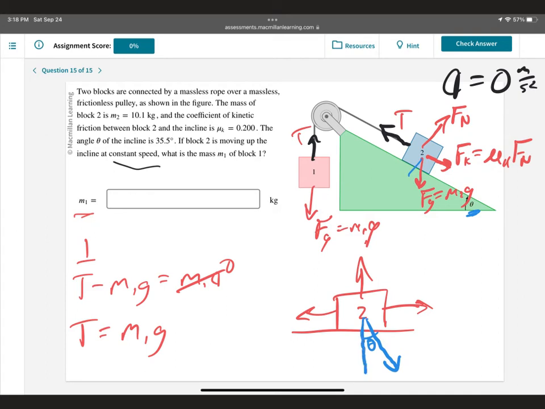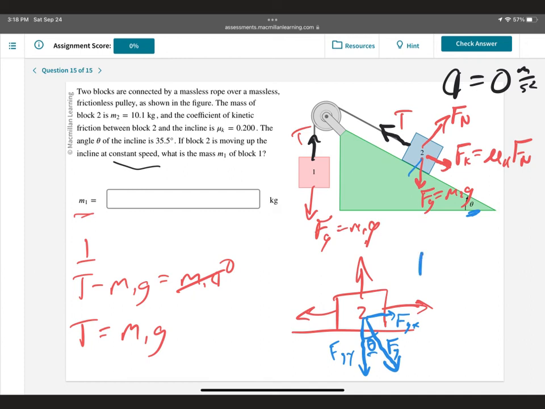The y component of the gravity, so this is Fg, and this is Fg y direction. And we're also going to have an x component, which is going to be Fgx. Since theta is where I labeled it, Fgy is going to equal Fg times the cosine of theta.